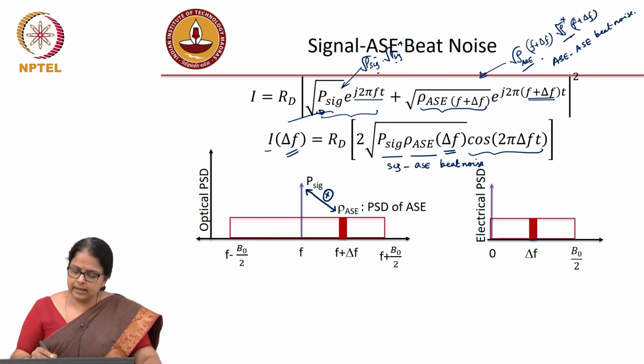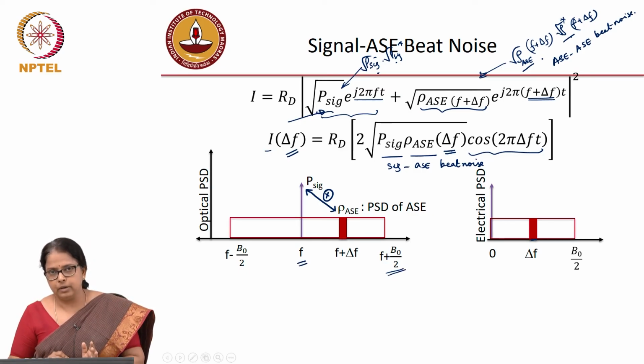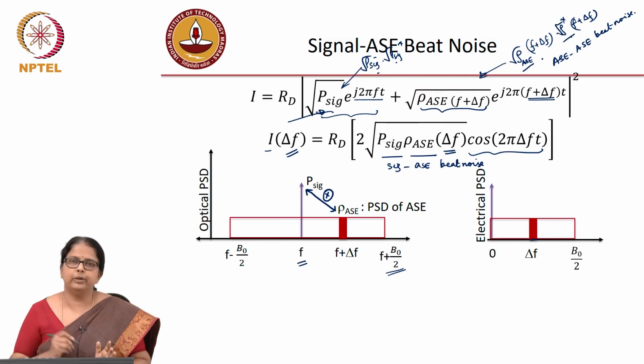But you see the ASE is not limited to frequency f plus Δf. Your ASE is extending from f to f_0 plus f plus B_0 by 2, which means that if I keep changing my Δf corresponding to the different ASE components, I will keep getting these contributions all the way up to the frequency B_0 by 2.